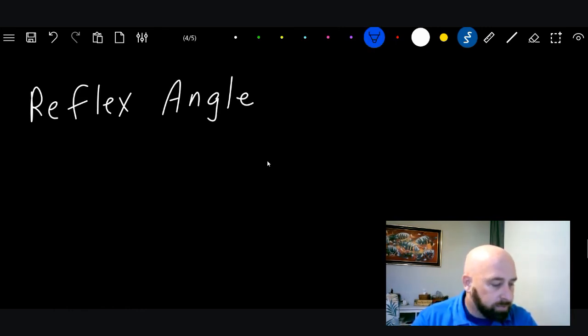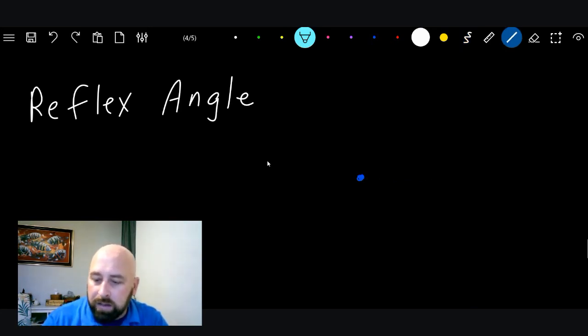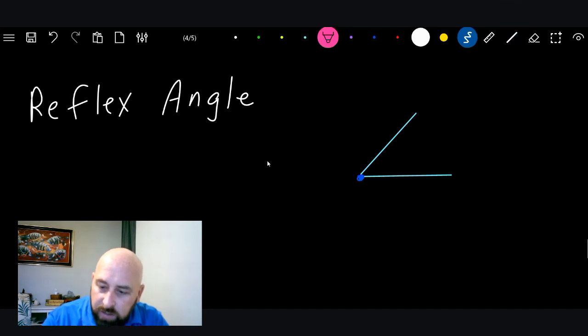The way that I would describe a reflex angle is I would say it's the back side of an acute angle. So the way that we would draw this is draw an acute angle, and here's the reflex. The reflex is the back side of it.